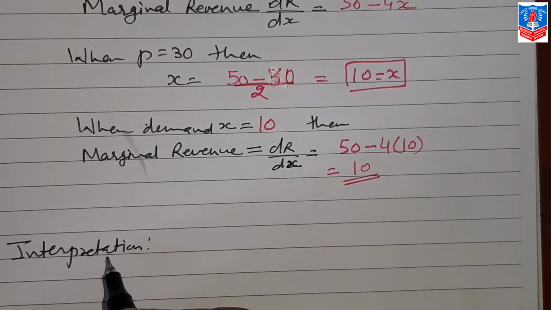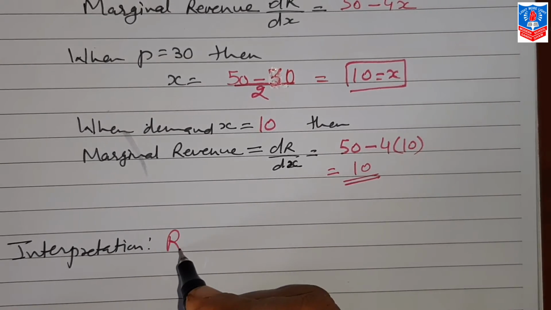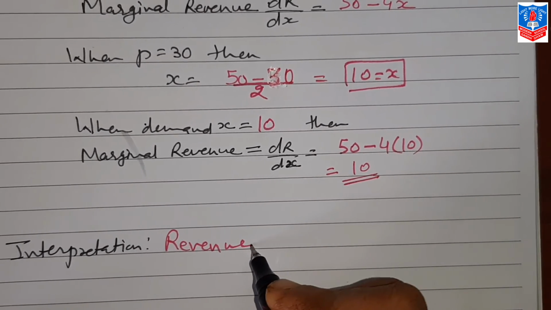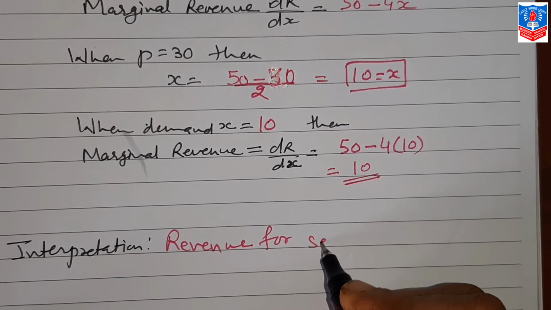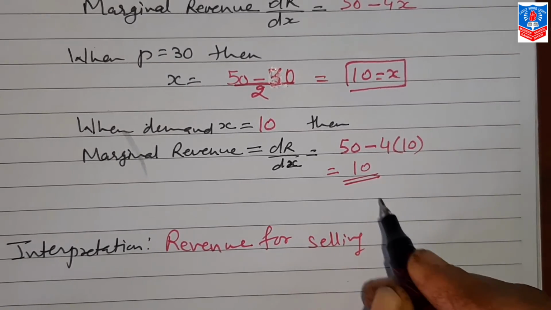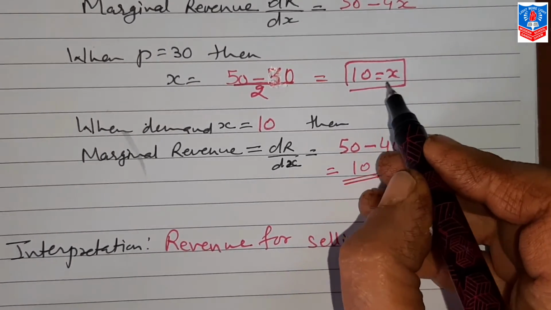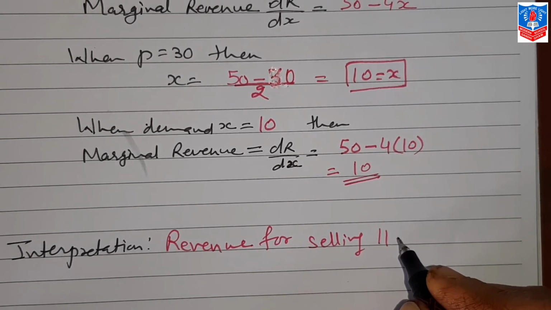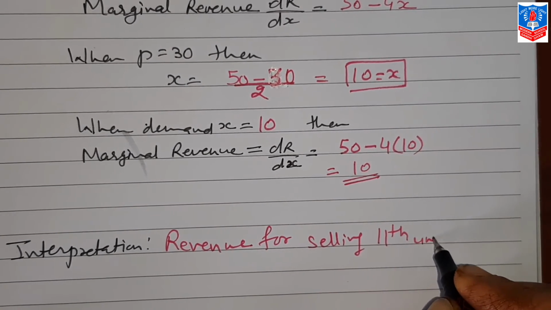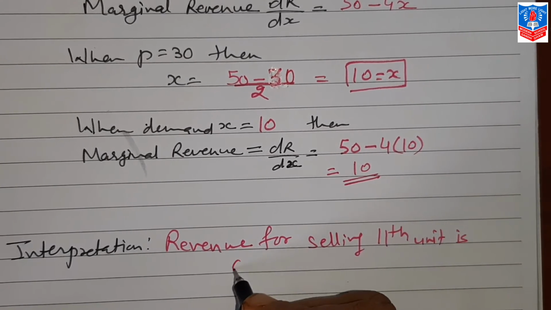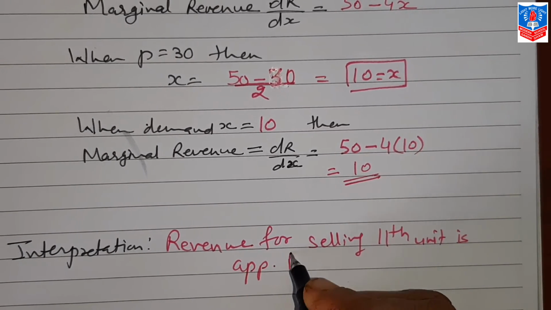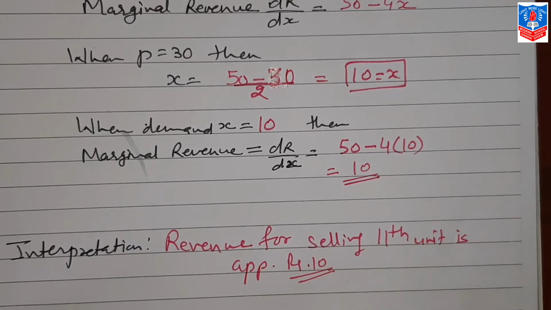Now in interpretation we write that the revenue for selling, because here 10 units are sold, the 11th unit is approximately rupees 10.